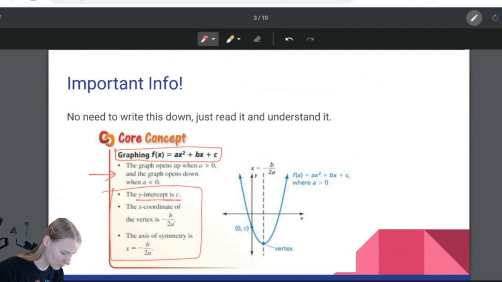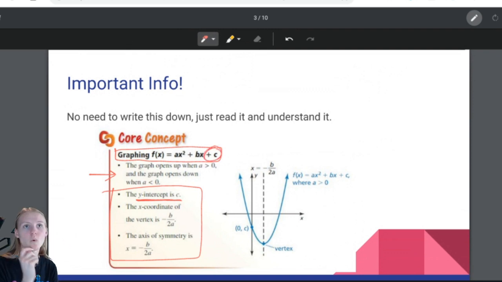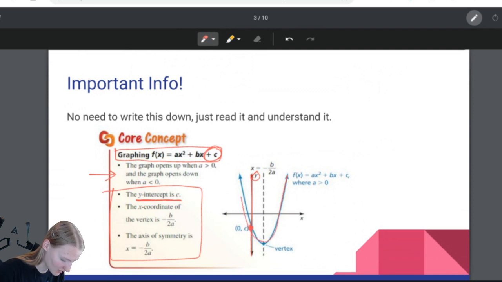The y-intercept is c. So this plus c that we have on the end, that's our y-intercept. What was a y-intercept? Hopefully you remember from chapter 4, when we were graphing all the lines, that the y-intercept is wherever this graph hits the y-axis.